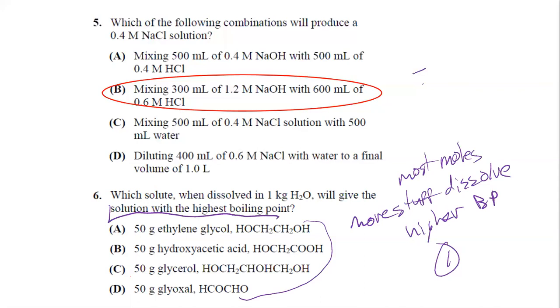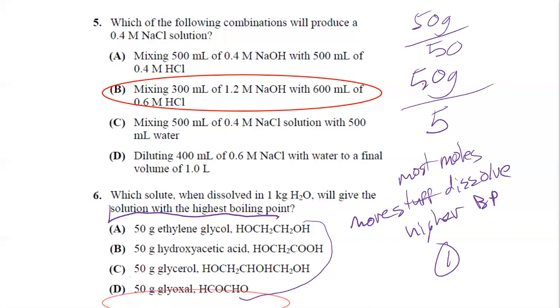So if I have 50 grams of something, and one of them has a molar mass of 5 and the other has a molar mass of 50, which one is going to give me the larger number of moles? The bigger number or the smaller number? The lowest. The lower one. So from these four options, who's got the lowest molar mass? D.